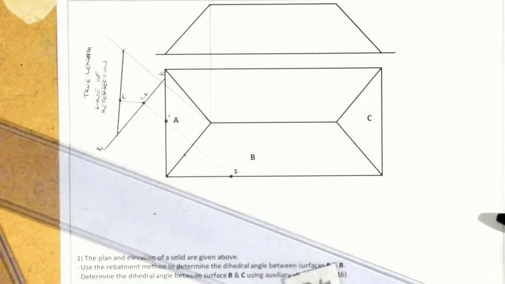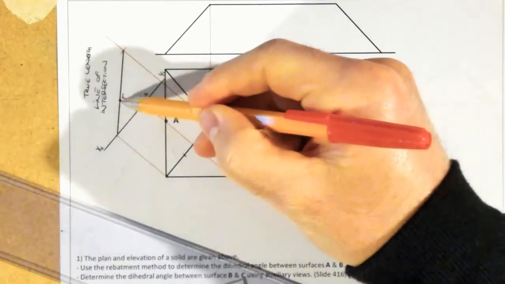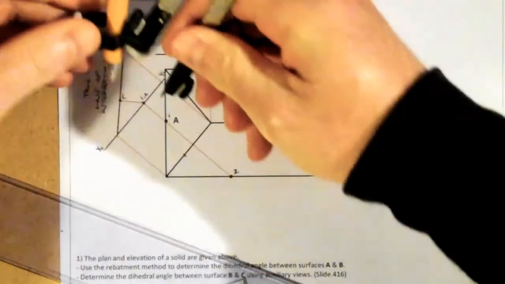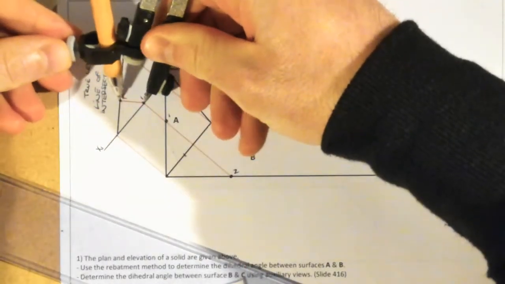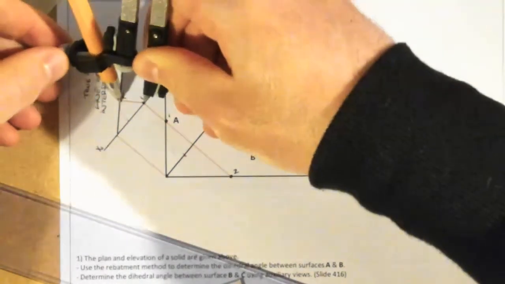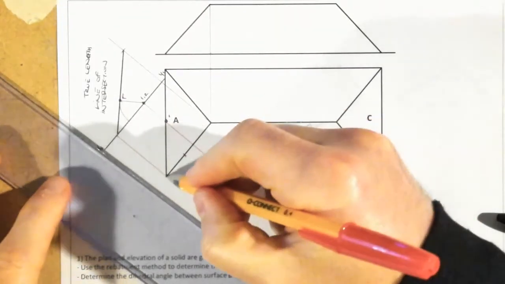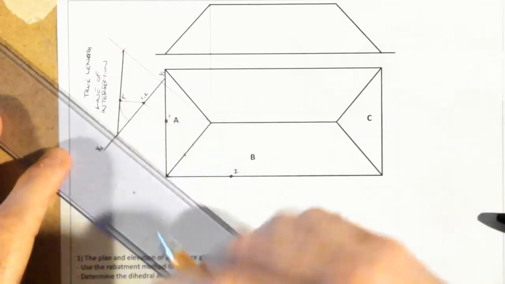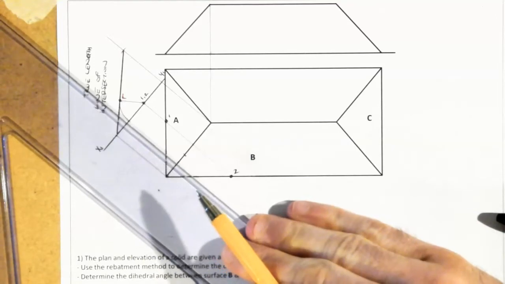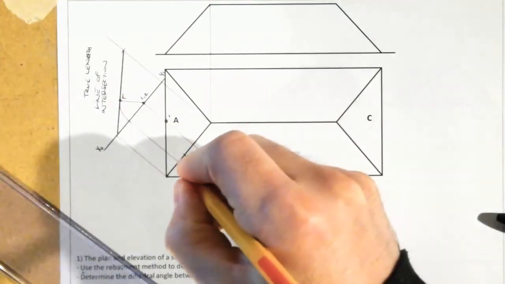To see the true shape of the dihedral angle, what we're going to do is rebat it down, which basically means that we're just going to fold it down flat so that that dihedral angle is flat on the ground. So at 1 and 2, we're going to put our pencil point here and rotate it down. And then this point here is now on the ground but directly below our line of intersection, and that is where it's actually on the ground.